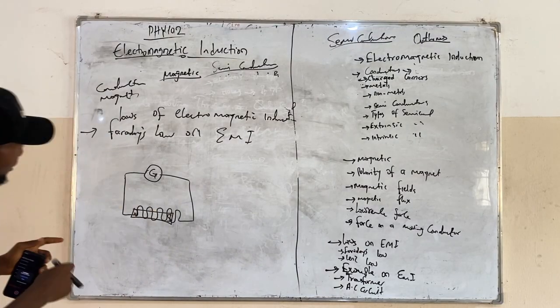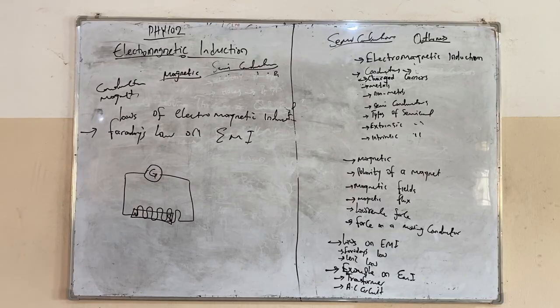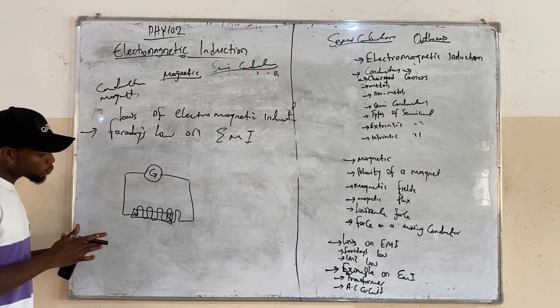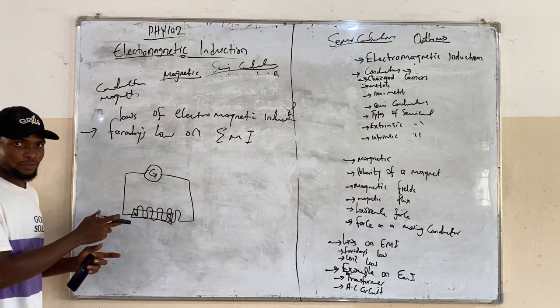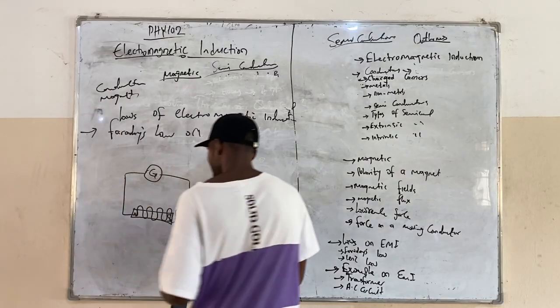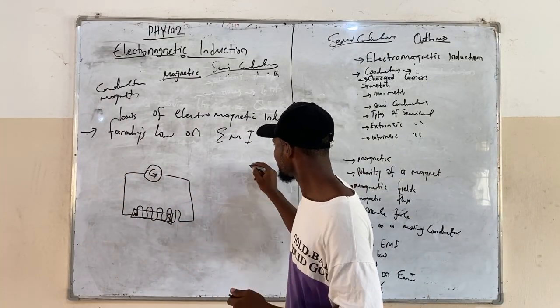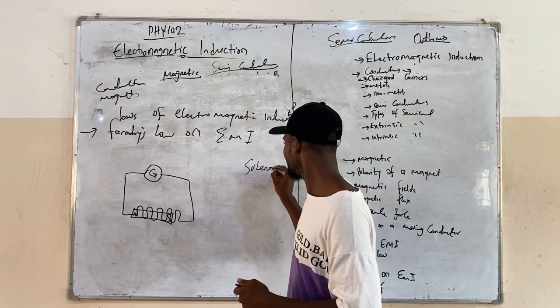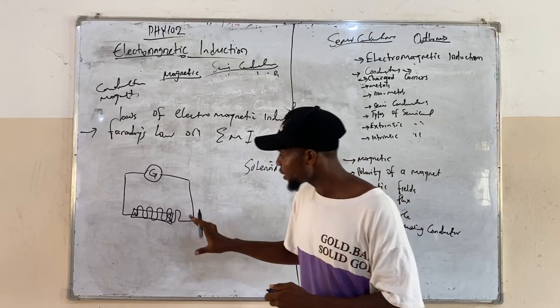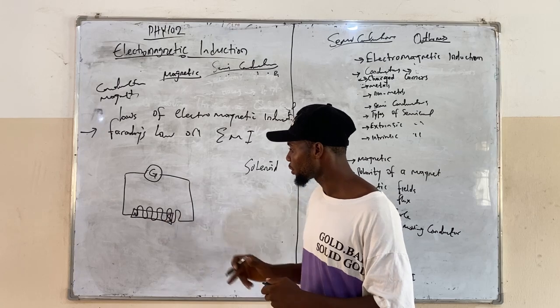So he did this very experiment now. He puts a magnet into a wound wire coil, just as we have it here. A wound wire coil, magnet. And this wound wire coil is also called what? Solenoid. So he actually puts a magnet into this very wound wire coil.